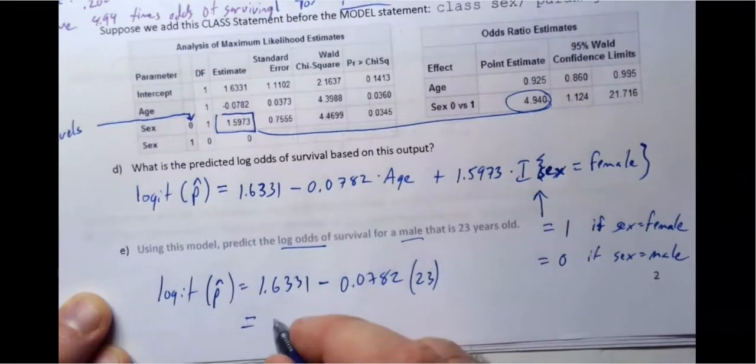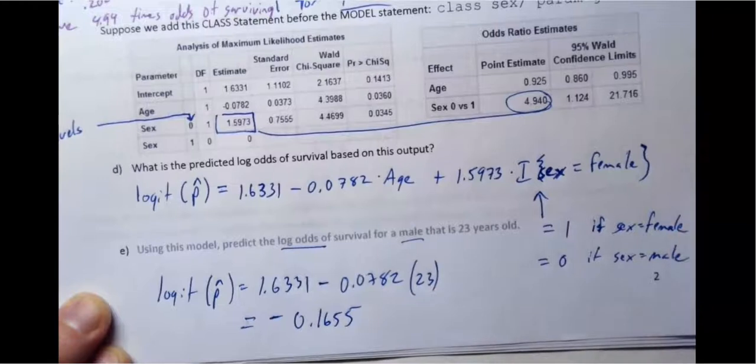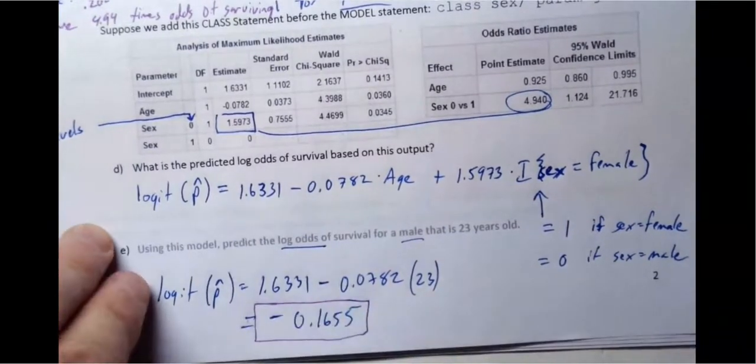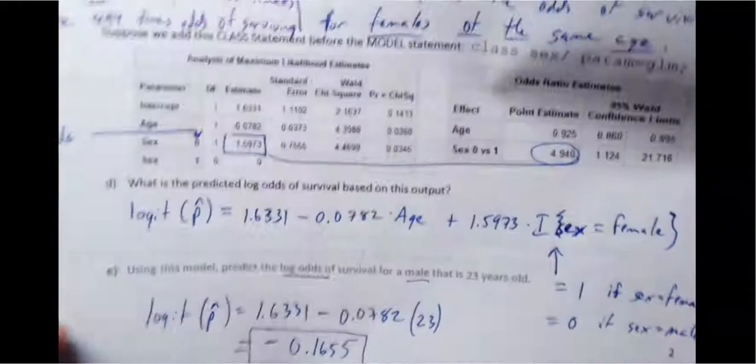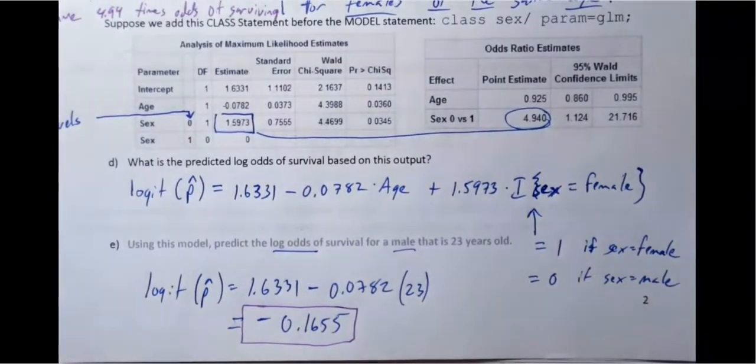And if you calculate that out, you get negative 0.1655, which is really the same answer that we got up above. So I just wanted to show you that it doesn't matter which level you define as your reference category for categorical variables. You'll get the equivalent model, but you as the user have to understand what it is that you're doing.